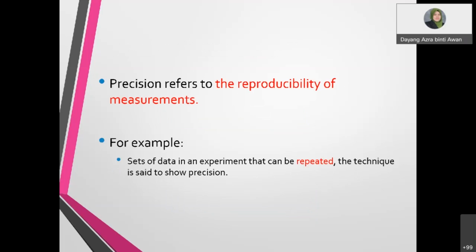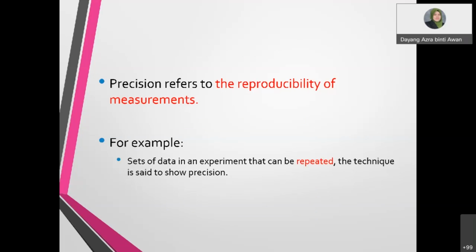So this is accuracy. Okay, while for precision adalah refers to how many times you repeat your measurements. Okay, so that's why when you do your lab task in the lab, you need to repeat your measurement 3 kali paling minimum to get your exact value.